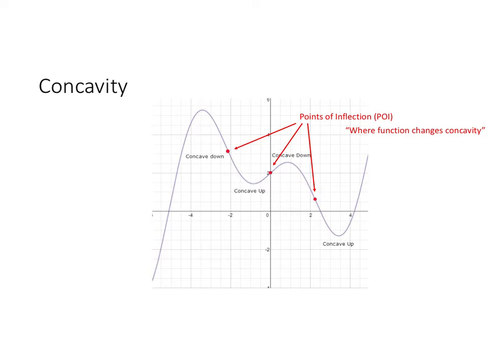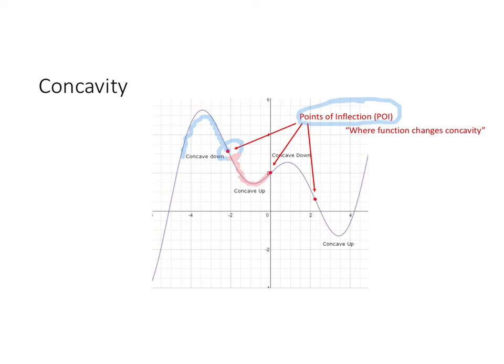Now you may have noticed 3 red points on the graph. These are referred to as points of inflection, all right? Well, what do you mean by points of inflection? This is where the function changes concavity. So if we look at this first part here, we've got concave down, but then at this point here, we change to be concave up.